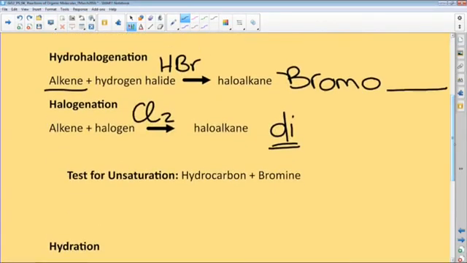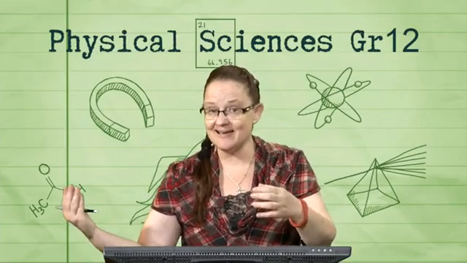Now with bromine, it's normally bromine water, and it's brown in color. We add it to our clear hydrocarbon, it goes brown, and then we wait for it to turn clear again. The faster it goes clear, the more unsaturated it is.